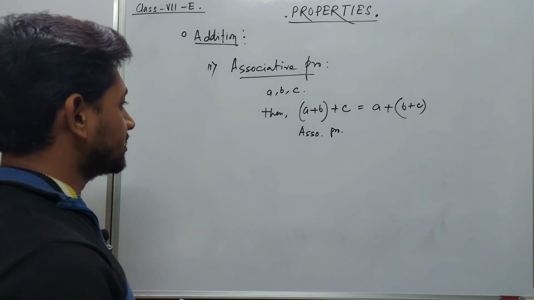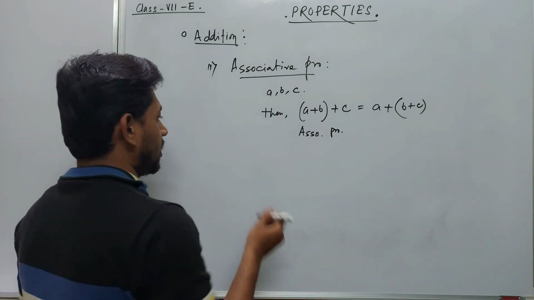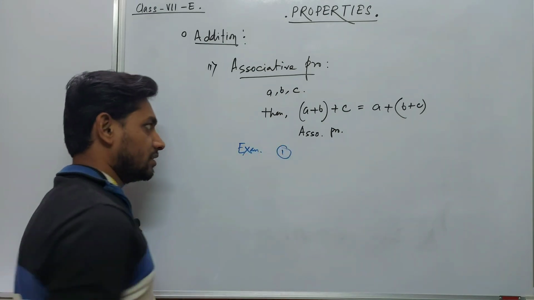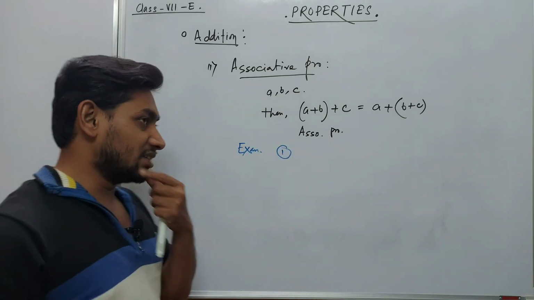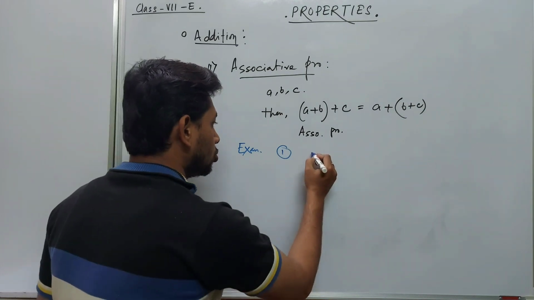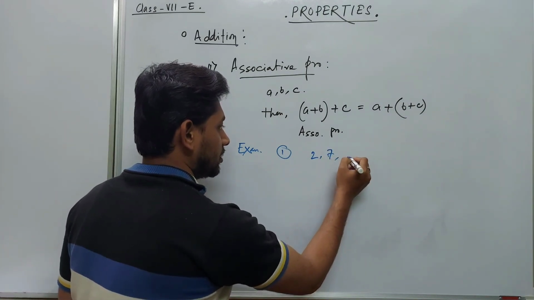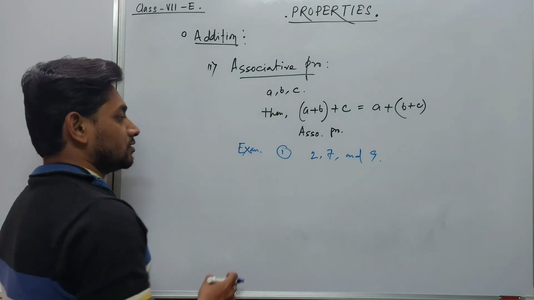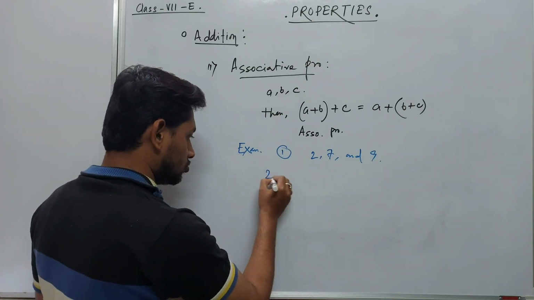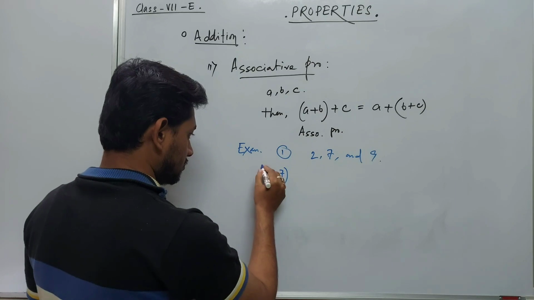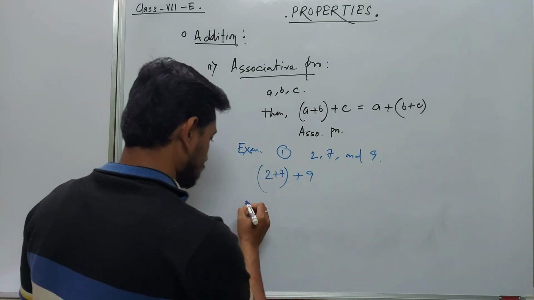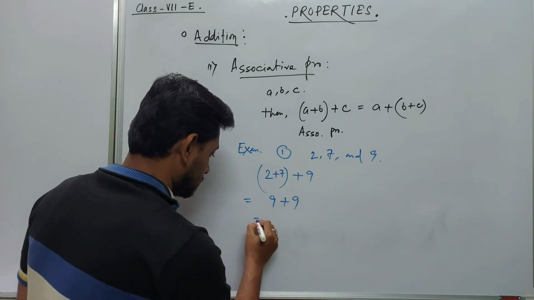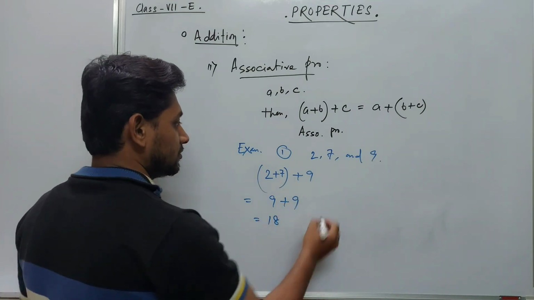Now let us check an example. Example number 1. Here we take three integers, suppose 2, 7 and 9. First of all, (2 plus 7) plus 9, that is 9 plus 9, so the answer will be 18.